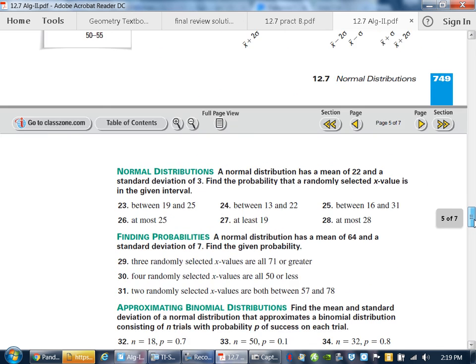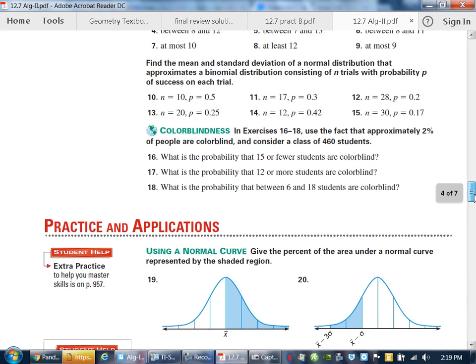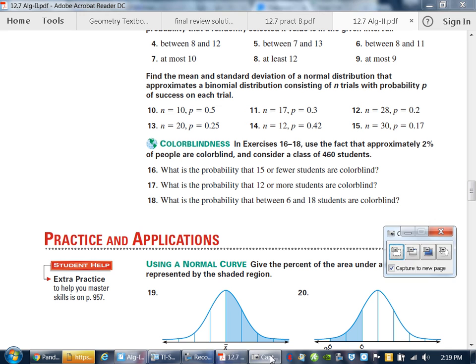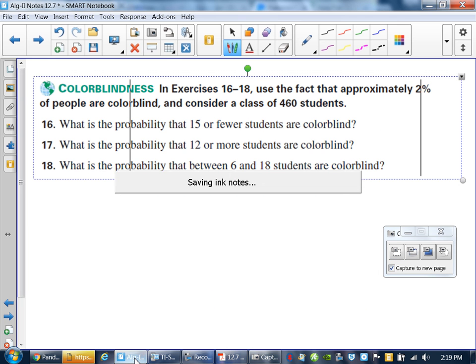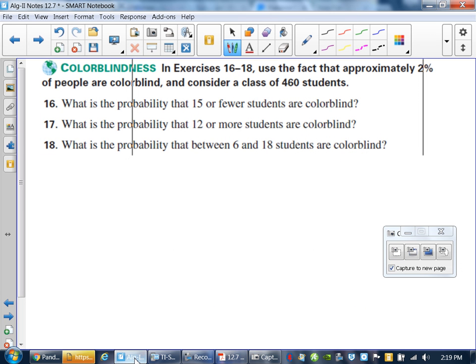Homework? They're saying that, excuse me. Oh, it's making you have to calculate it.